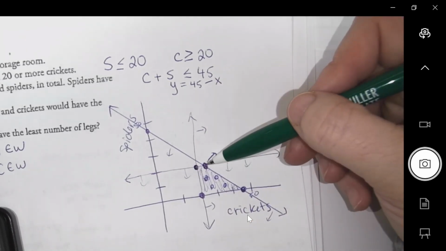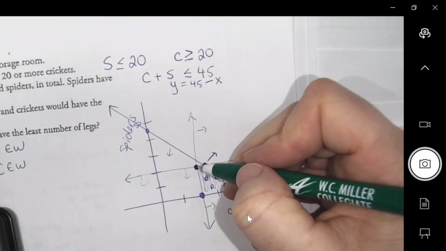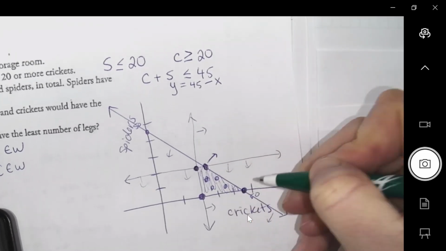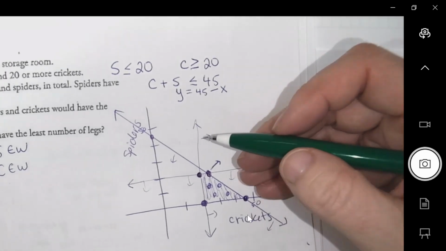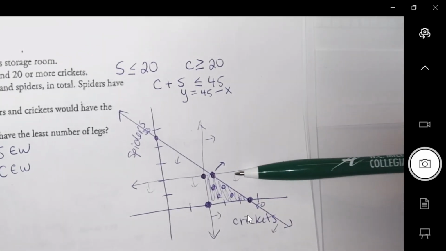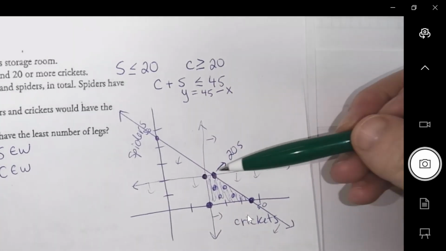Okay, let's get the intersections of these 4 coordinates. Do you see how it makes a shape? And then the corners of the shape. We need all corners of the shape. So this would be where there's 20 spiders, right? Because it's the flat line.